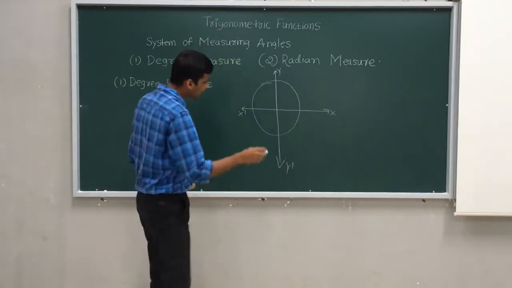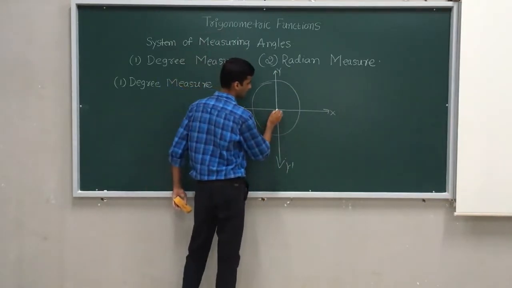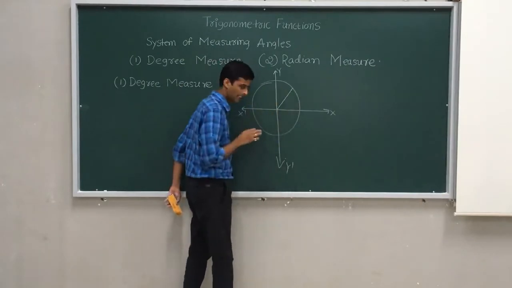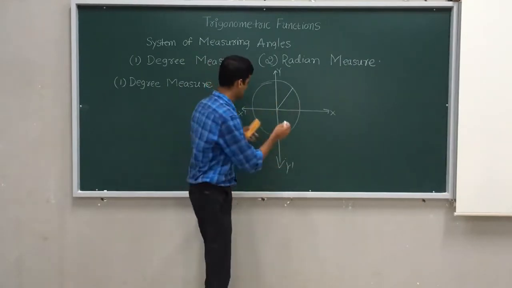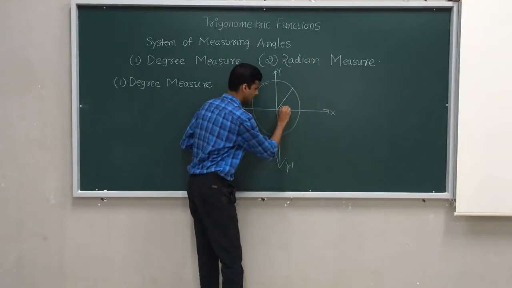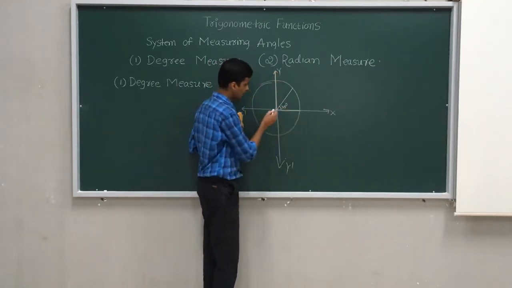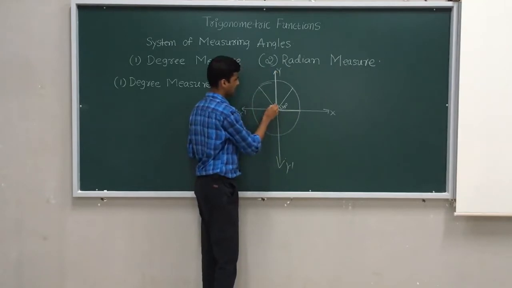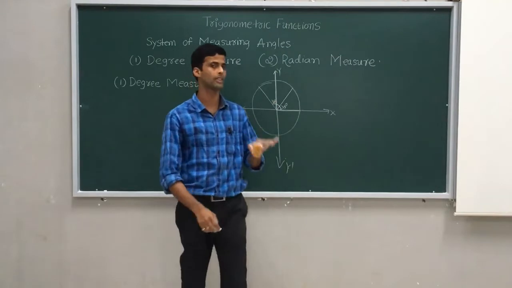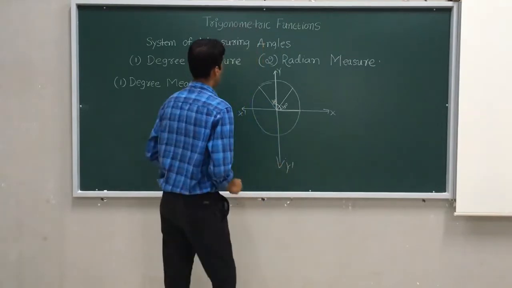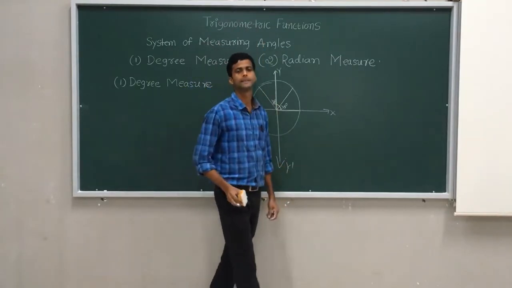Now, think that I don't have any compass with me, so I'll take this as 30 degree. Usually we all know this is a 90 degree. If you tilt a bit, I will consider it as a 120 degree, right? What do you mean by this?